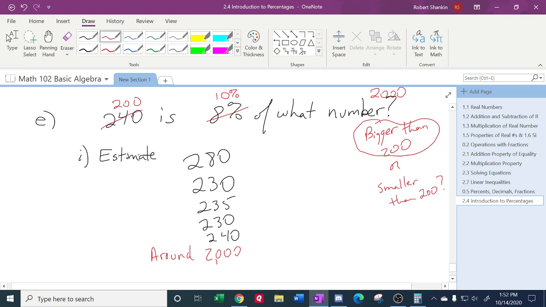So when we do estimates, oftentimes we pick close numbers that are nice, easy numbers to work with, and then we try to figure out the concept.